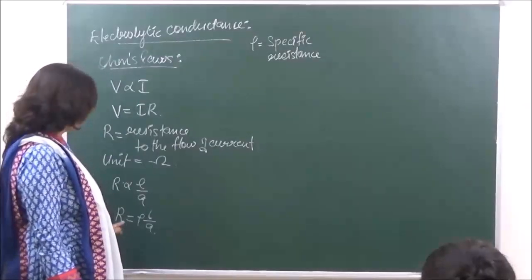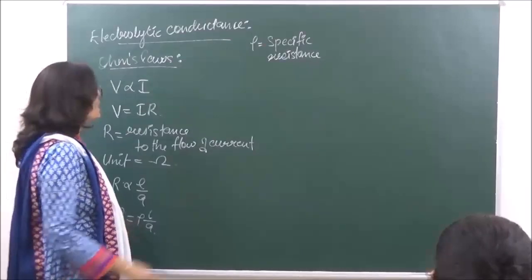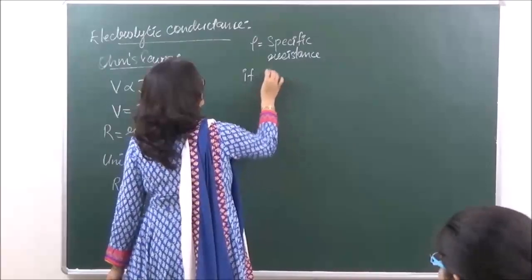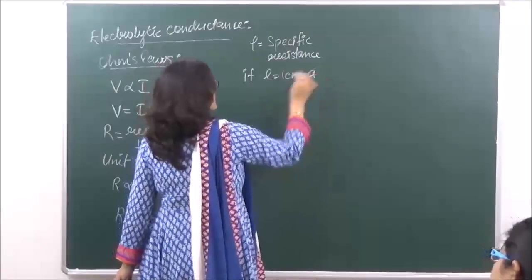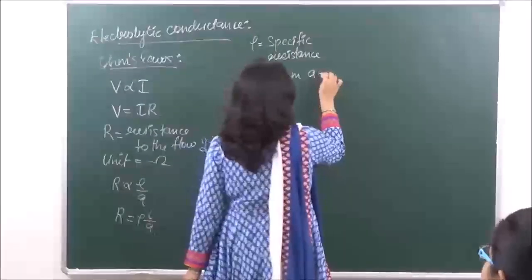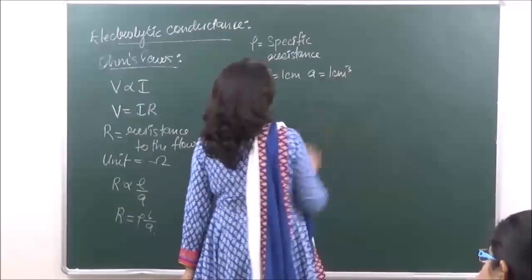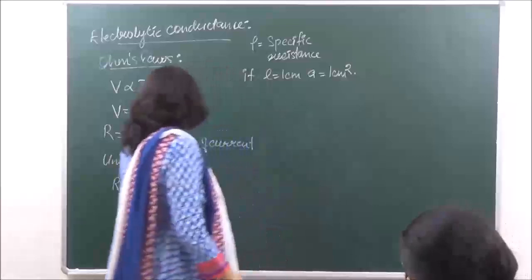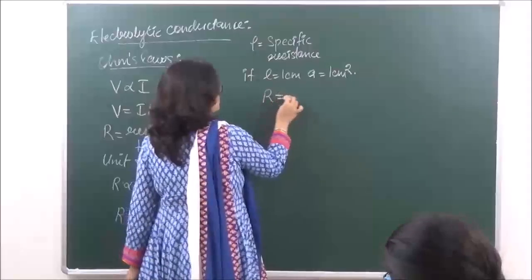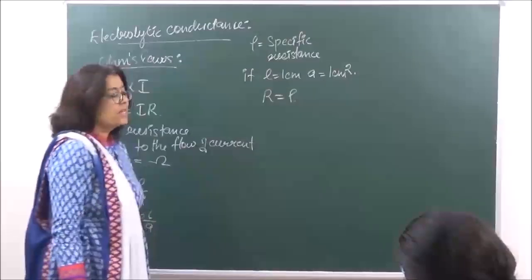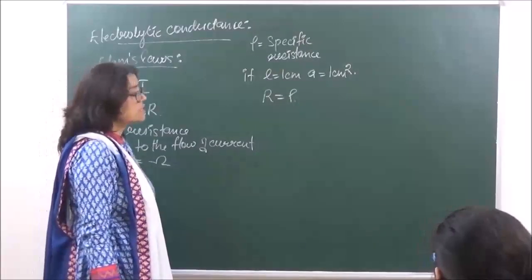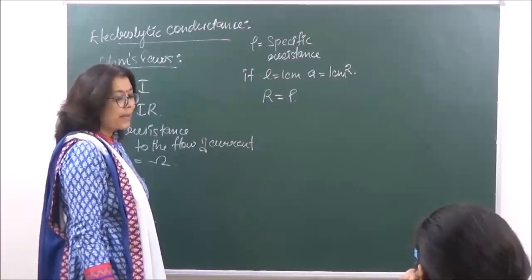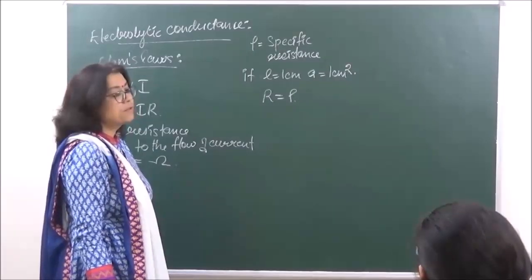It is the resistance when the length is 1 centimeter and the area of cross section is 1 centimeter square, then the resistance becomes equal to the specific resistance.